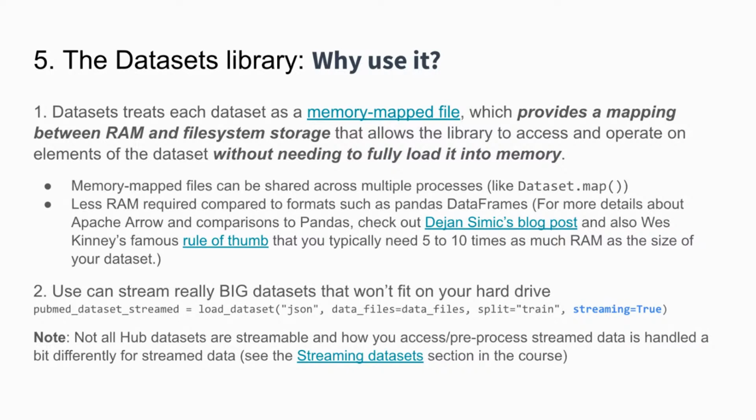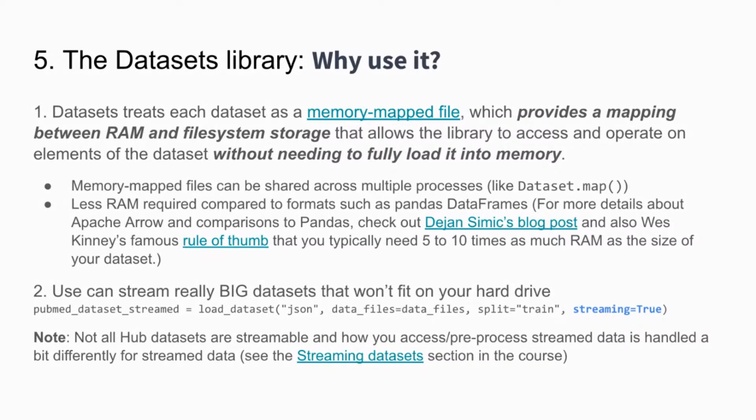A second reason, especially if you're building language models or just have really huge data sets for whatever reason, is that you can actually stream these data sets. Not all of them are streamable, and I don't know if there's an easy way to find out in the hub, but if you add streaming=True, you'll be able to stream it and access the streamed data set, kind of like how you access data loaders, by using an iterator.